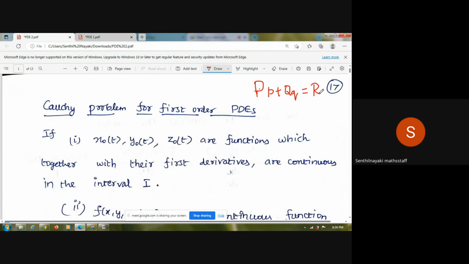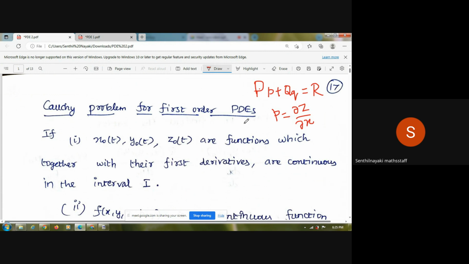Small p is dou z by dou x. Similarly, small q is dou z by dou y. So simple first order PDE, if z is a dependent variable.